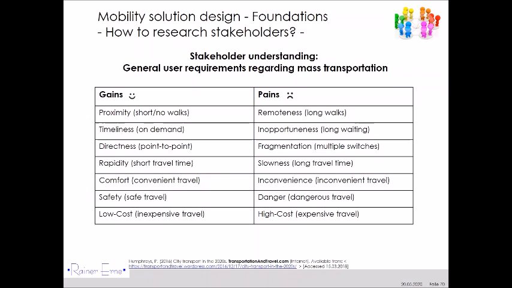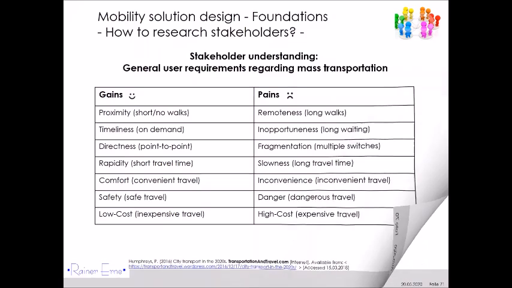And this is exactly what has to be done when you segment users, that you segment them according to the different needs. And then you can devise a mobility solution which addresses exactly the different needs of them. So that's the system how the marketing of mobility solutions usually works.